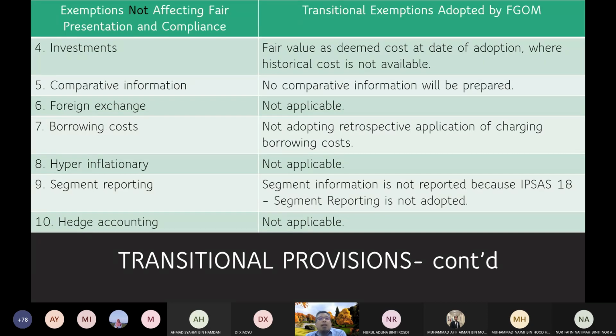Okay, exemptions not affecting fair presentation and compliance. Okay, investment fair value as deemed cost at date of adoption, where historical cost is not available. Okay, using a fair value. I think you can see that the use of fair value. Right, and comparative information, because of exemptions, they don't have to provide. So all these are basically not relevant.